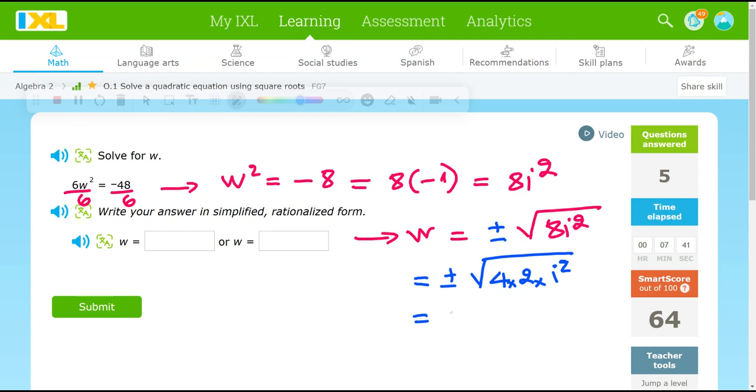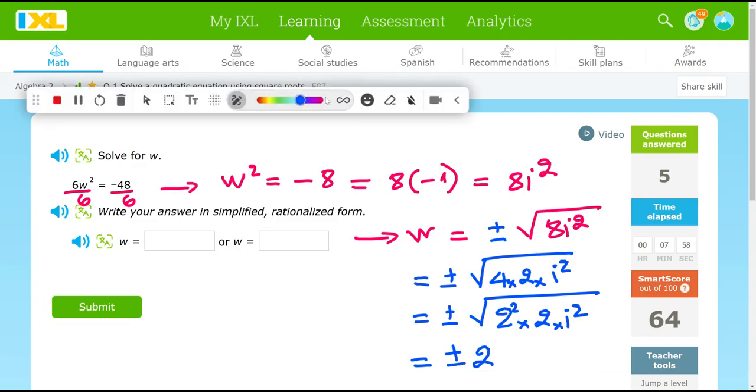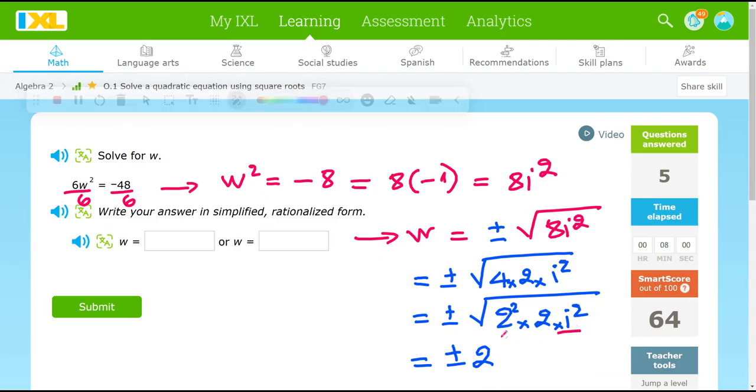So now 4 is 2 squared, and the number 2 is still there, and i squared is still there. So you can simplify the perfect squares. 2 squared you can take outside and it becomes 2. And then i squared you can take outside and it becomes i. The only thing you cannot take outside is the number 2, so you still have the square root of 2.